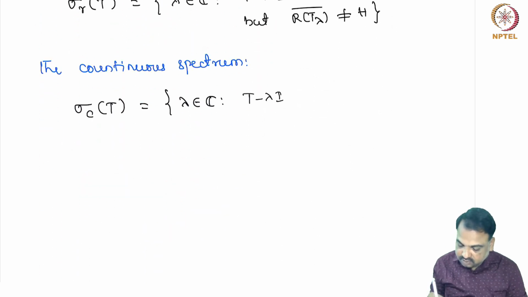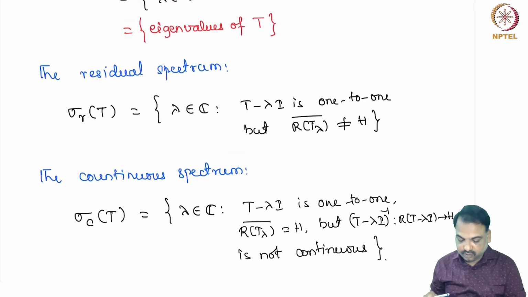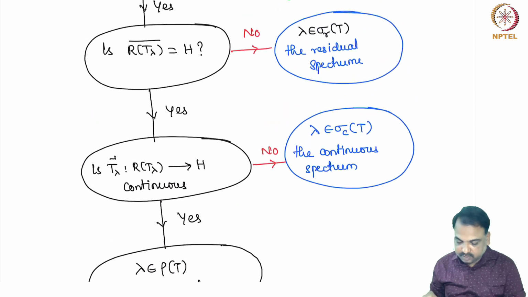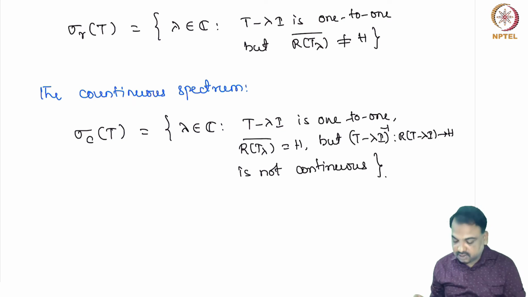So T minus lambda is 1 to 1, the range of T lambda is dense, but T minus lambda inverse is not continuous. Okay, so this is one way of classifying the spectrum. Of course, there are different ways. We will be looking at other classifications of the spectrum at a later stage.